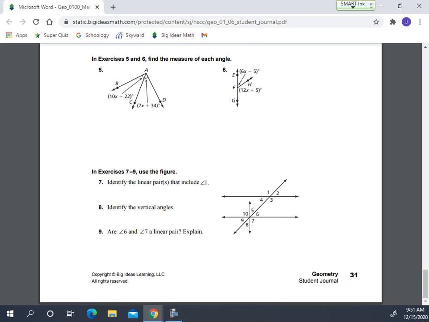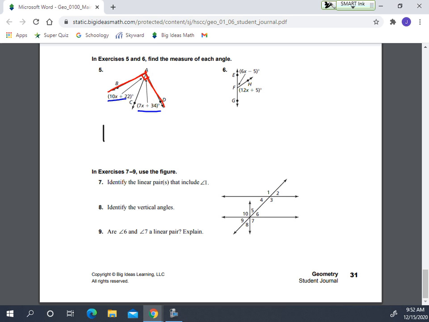Next, number 5. Find the measure of each angle. Okay, so we'll have to use some manipulating here. Notice, BAD is a 90 degree angle. So this angle plus this angle add up to 90 degrees. They're complementary angles.